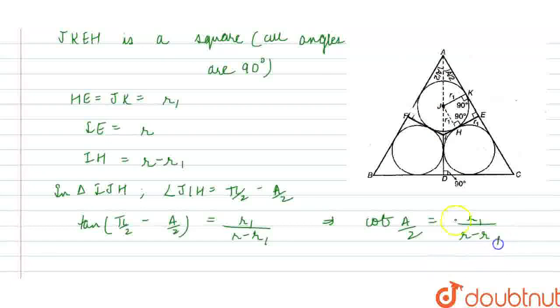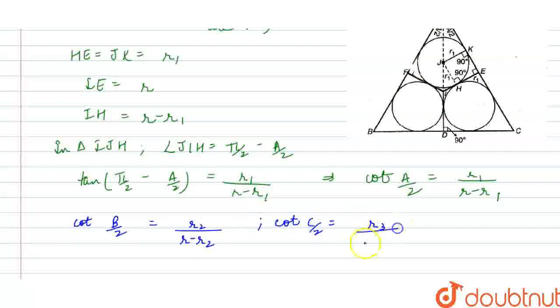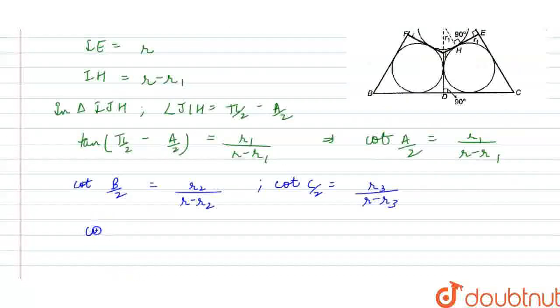Now, proceeding forward, if cot of A by 2 has this value, then similarly we can say that cot of B by 2 would be equal to R2 upon R minus R2, and similarly cot of C upon 2 would be equal to R3 upon R minus R3. So if I add all the above results, I get cot A by 2 plus cot of B upon 2 plus cot of C upon 2.